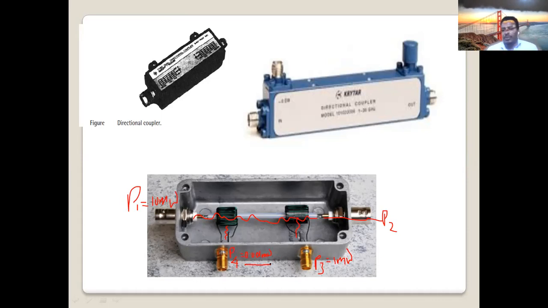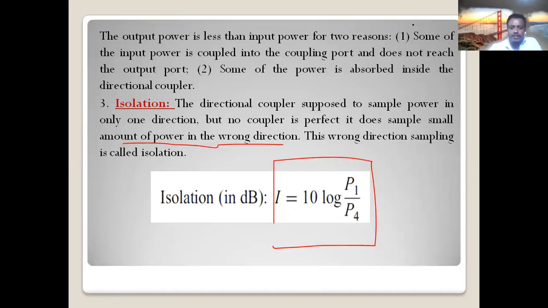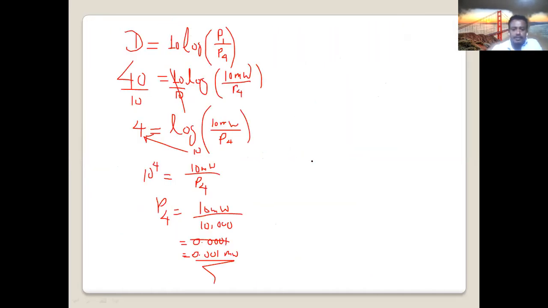Ideally we need it to be 0, but practically there is some signal coupled and going in the wrong direction. So if you apply a signal, it must be divided into 2 here. 1 goes to P3, 1 goes directly to P2. But there is a small signal that comes in the wrong direction, P4. That's what we call directivity, D. So D compares what?